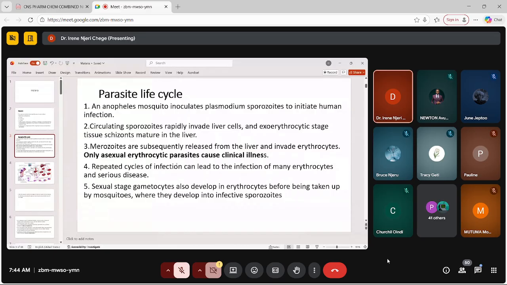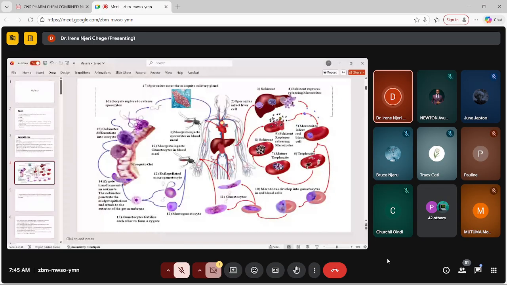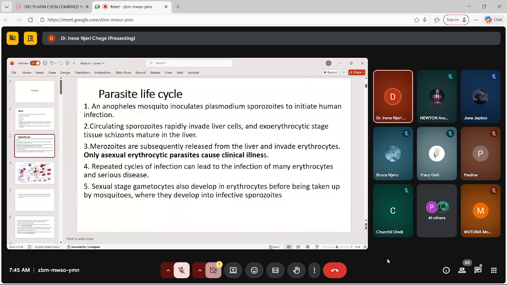Can you see from this diagram that only the asexual parasites cause disease? You can see we have the schizonts releasing the merozoites to the trophozoites, both mature and immature, and then to the schizonts, and then the schizonts again to merozoites and gametocytes. That's why we have this statement here that only the asexual erythrocytic parasite causes clinical disease.